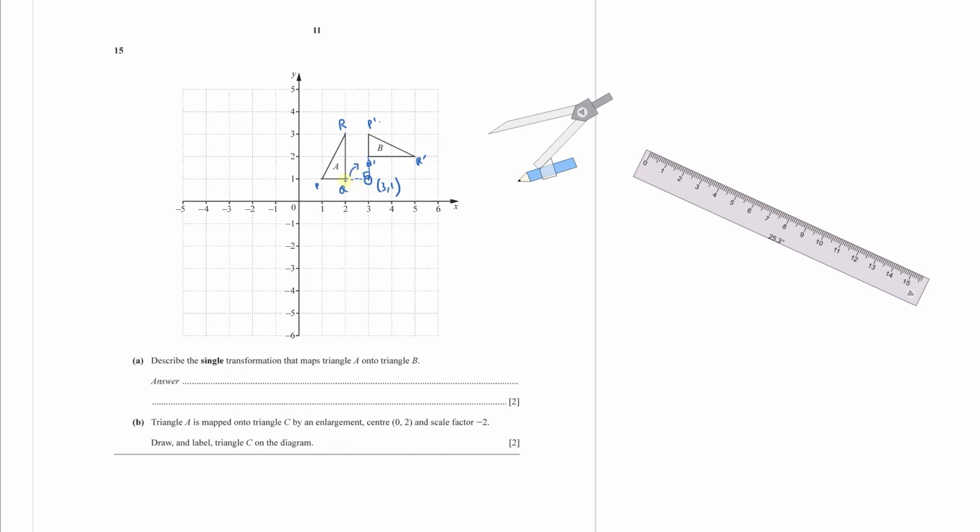It was here and then it moved 90 degrees in this direction. So you know that this is clockwise. So your transformation is a 90-degree clockwise rotation with the center that you calculated, which is (3, 1). So this would be your two marks: one mark for the angle and direction and the other one for the coordinates of the center of rotation.